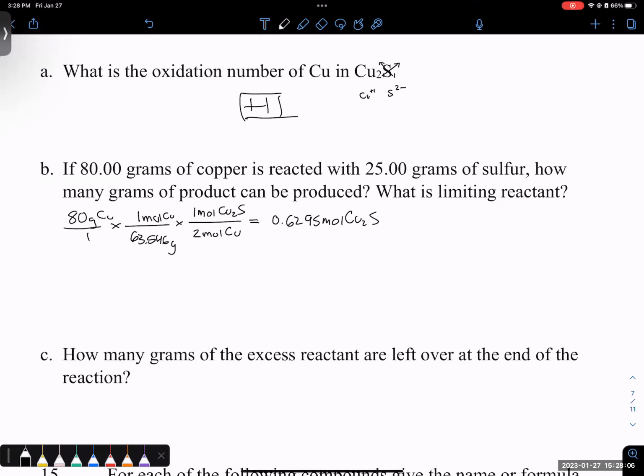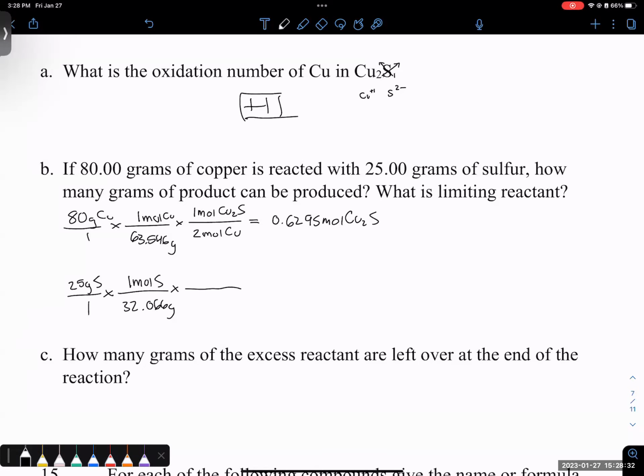Okay. Next one is 25 grams of sulfur. What do we do? Molar mass. So it's about 32.066 grams per 1 mole. And then what? Molar ratio. So are we seeing that as kind of a pattern here for all these limiting reactant problems?